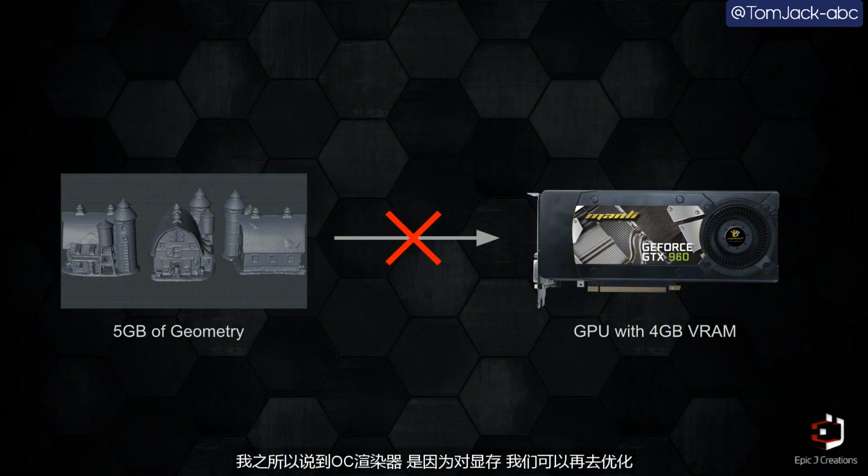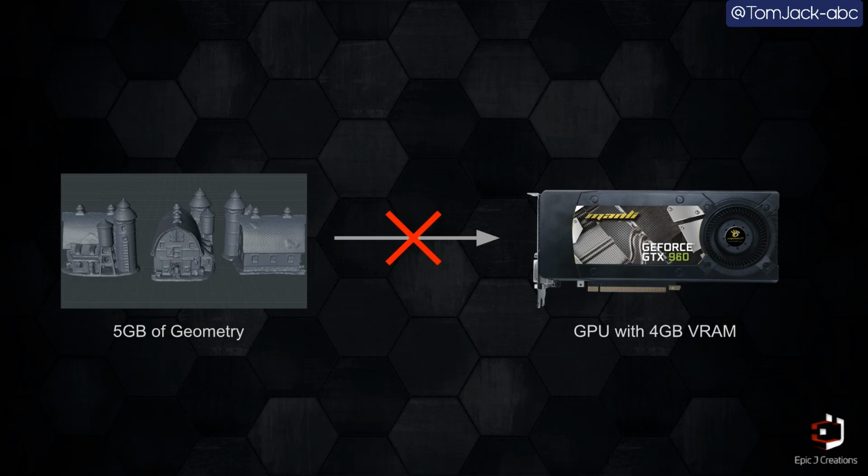I've noticed that in the case of Octane, because it's so optimized at storing RAM, for example, compared to the physical render or Arnold render engine that render on CPU, Octane needs half as much VRAM to render the same scene.